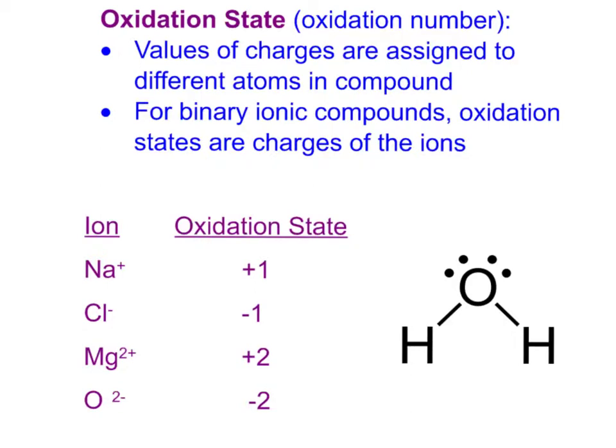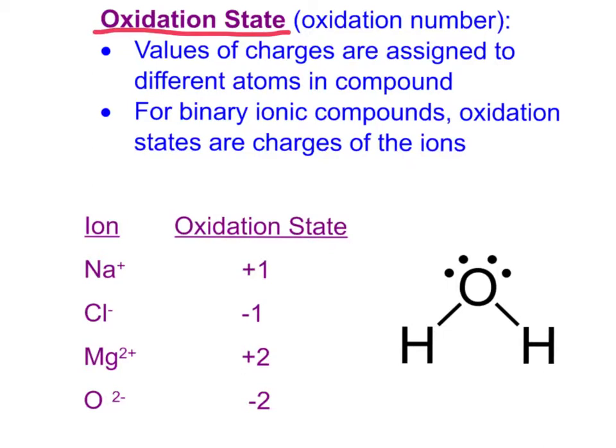Now, what I have just described to you, we have a term for. It's called oxidation state. Sometimes it's called oxidation number, but the oxidation state is simply the value of a charge that is assigned to each different atom. So if there are multiple atoms represented in a compound, the oxidation state would apply to each individual different atom.